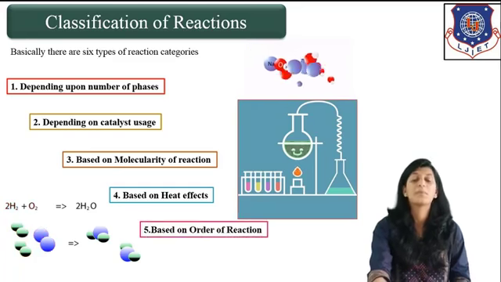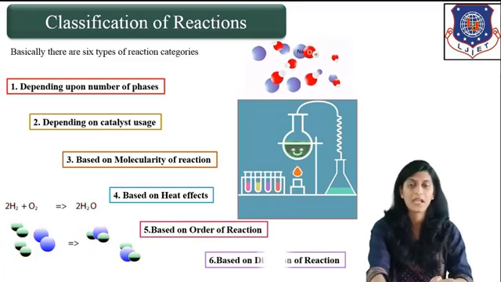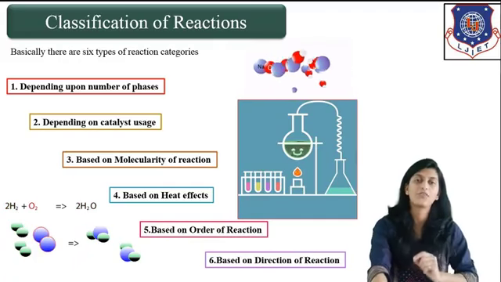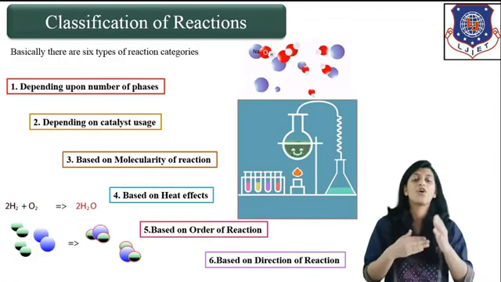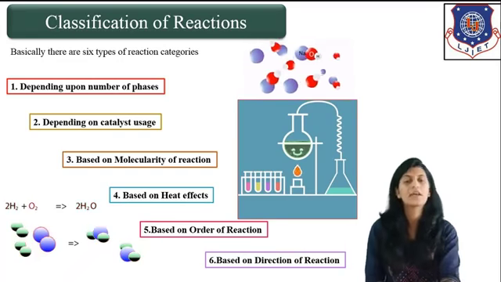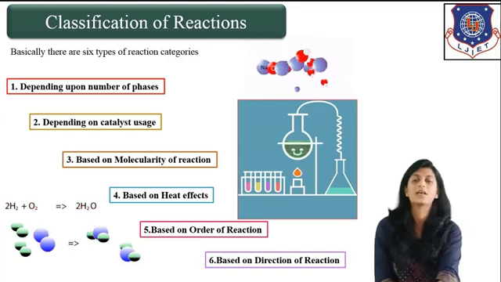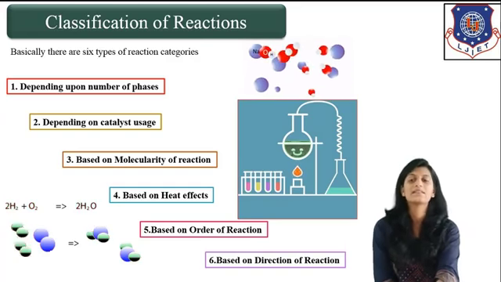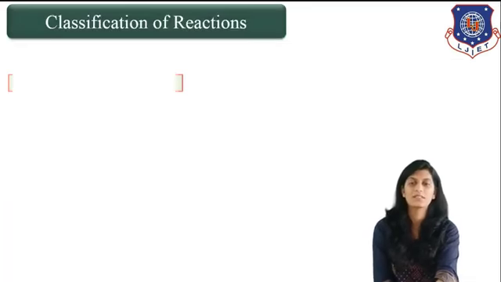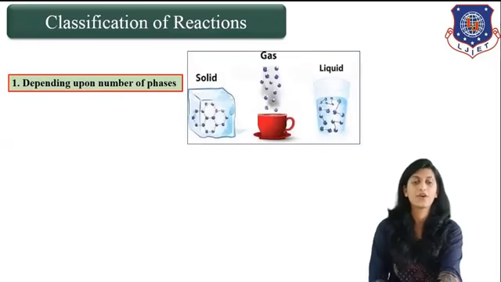Then comes the order of reaction, what will be the order of the given reaction, and last is the direction of reaction, whether it is a reversible or an irreversible reaction, right? One by one we will see all these 6 categories, and let's start with the first one, which is depending upon the number of phases.